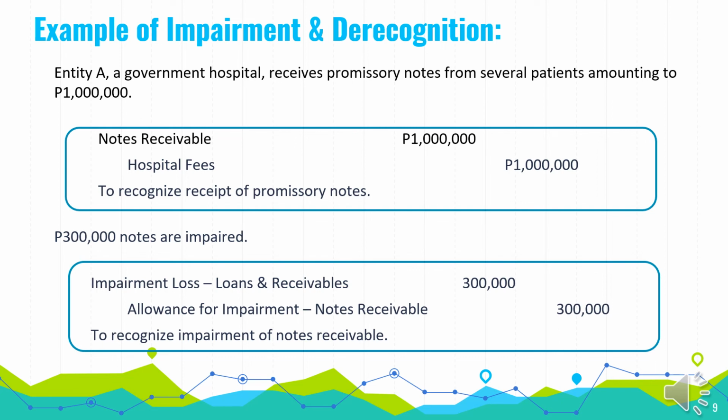So in here, we are going to use the same pro forma entries that I have provided in my previous example. So to recognize impairment of notes receivable, we have debit impairment loss - loans and receivables amounting to 300,000 and credit allowance for impairment - notes receivable amounting to 300,000.